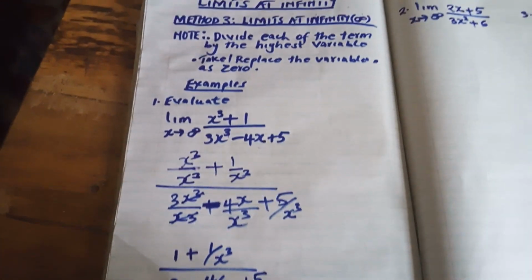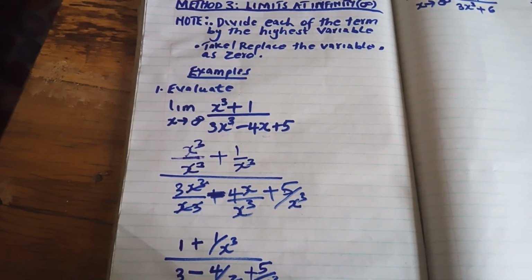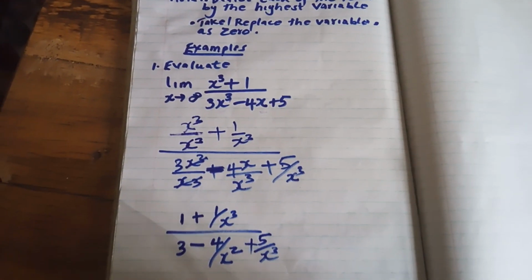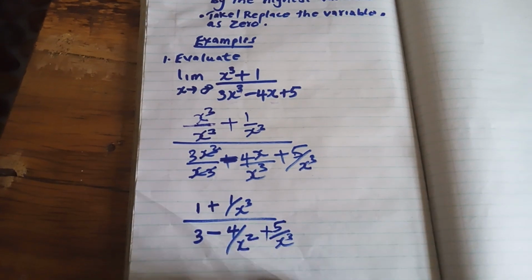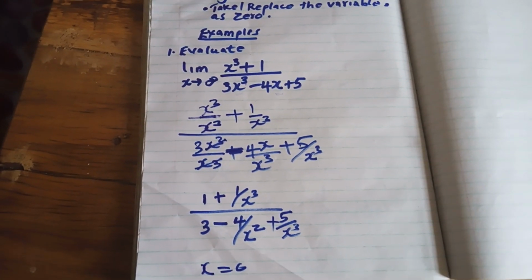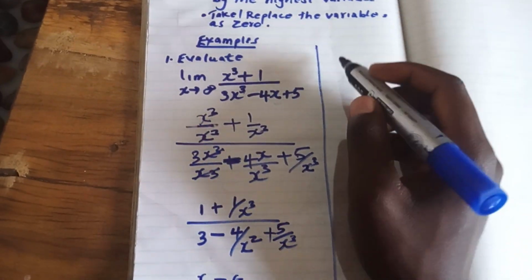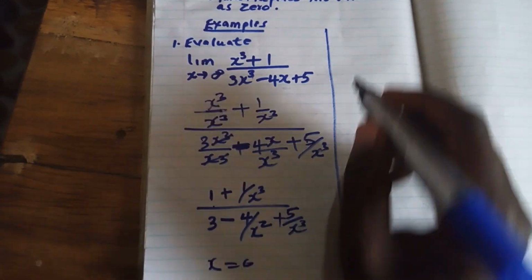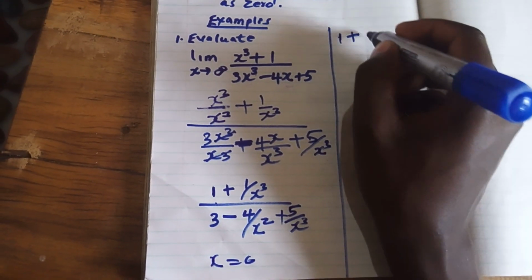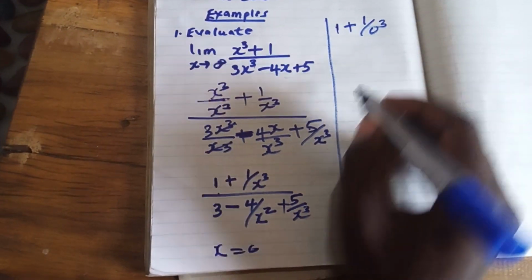Then the last concept to note was to replace the variable by 0. Then we replace the value of x as 0. We'll say this is going to be 1 plus 1 out of 0 cubed.